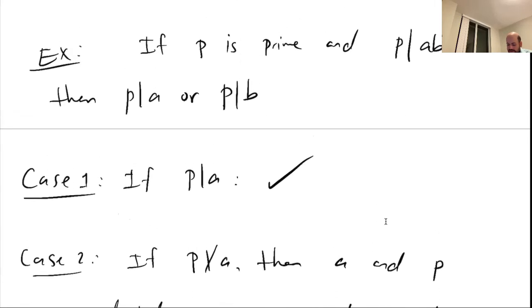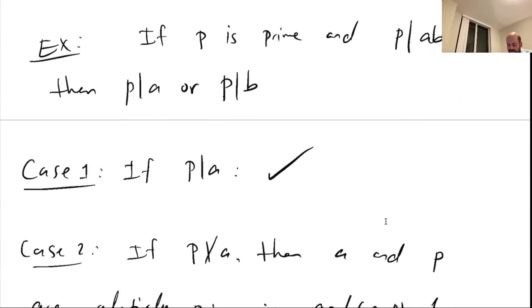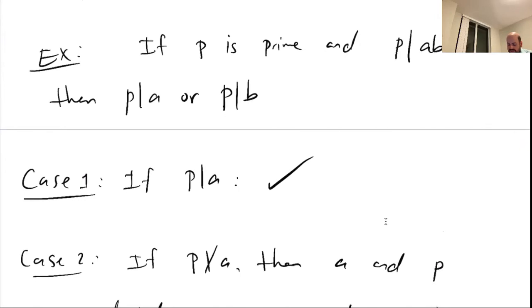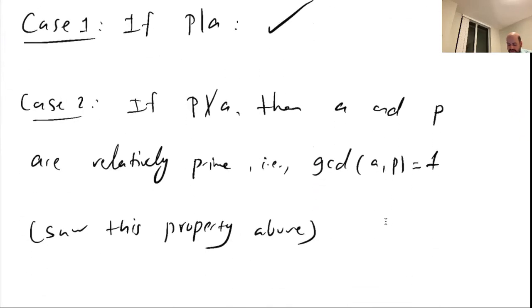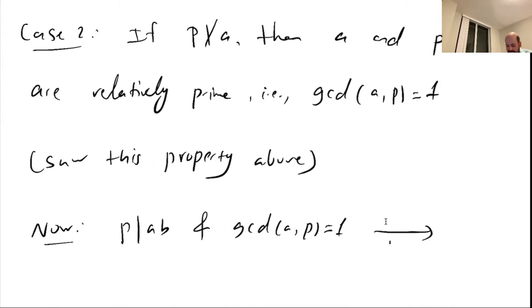Okay, so P and A are relatively prime and P divides AB. So that means P divides B by the lemma above. Now P divides AB and GCD of A and P is 1. So the lemma above says that P divides B, which is also what we needed.